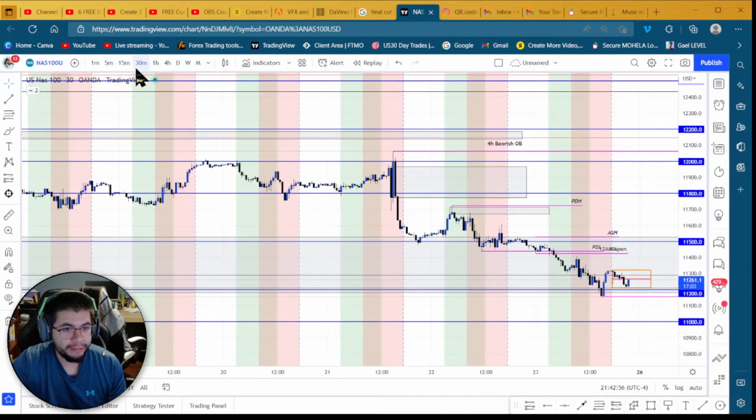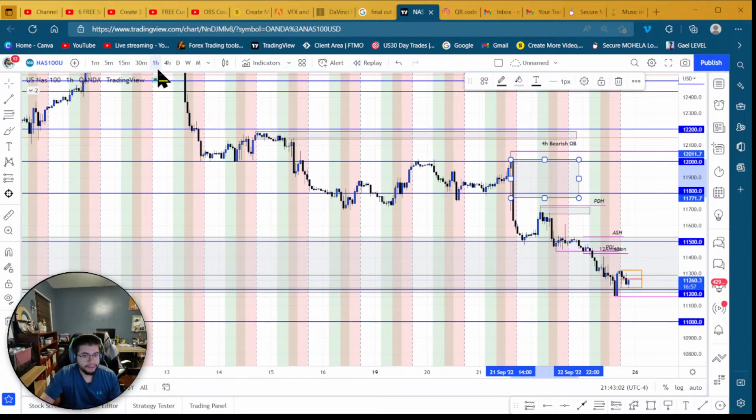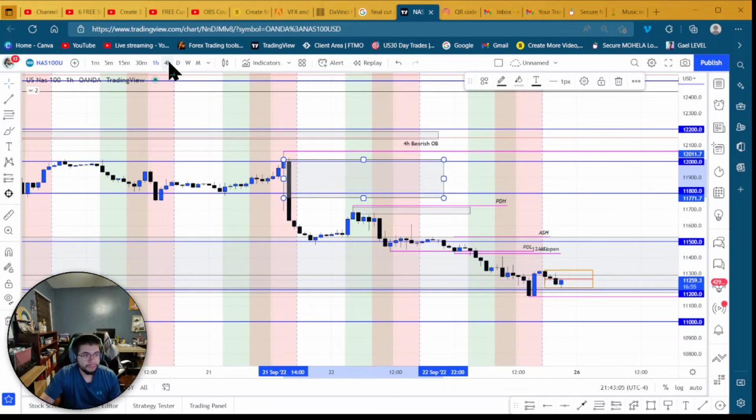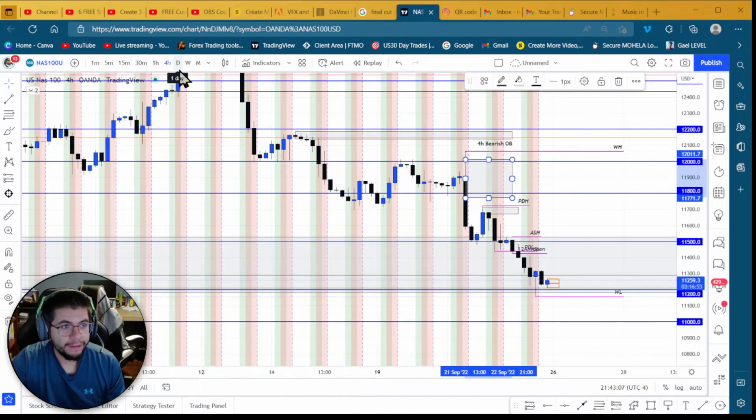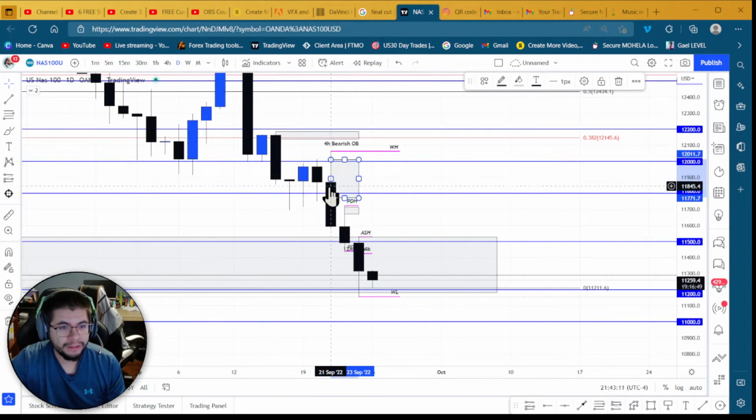Let's see if we can go to the 30-minute, kind of refine that or get it smaller. 1 hour, 4 hour, daily. Oh, there's this one. Last up candle before the down move, which lines up with, let me get my little box out.